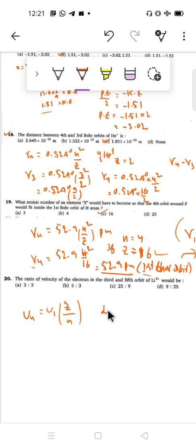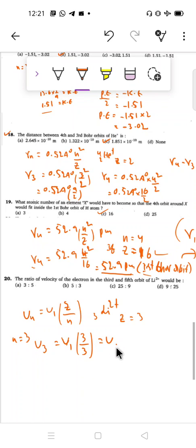For lithium 2 plus, Z is equal to 3. Let us substitute these values. They ask for third and fifth. n is equal to 3, v1 is fixed, Z is equal to 3, n is equal to 3. Then we get v1 only.